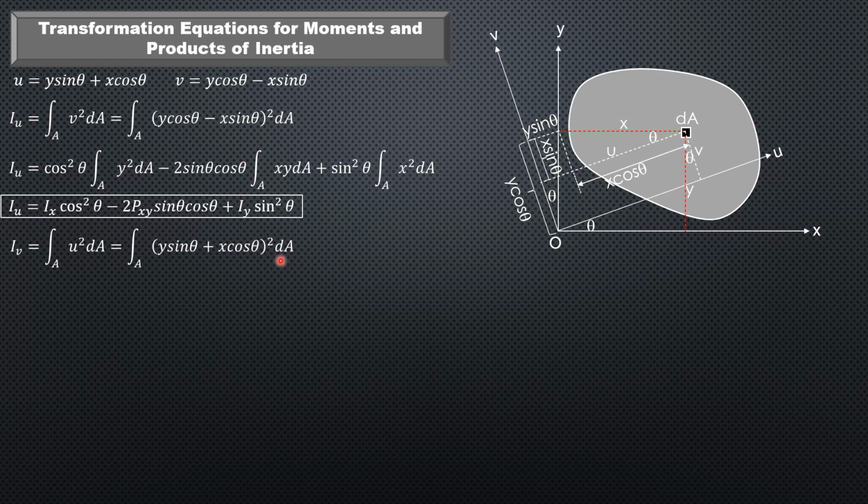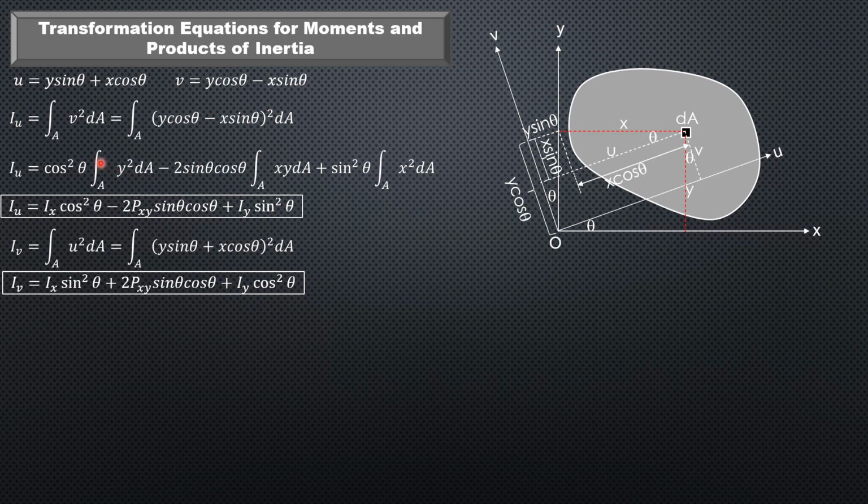So following this pattern, Iv equals Ix sine squared theta, plus 2 Pxy sine theta cosine theta, plus the integral of x squared dA, which is Iy, so Iy cosine squared theta. Iv is Ix sine squared theta plus 2 Pxy sine theta cosine theta plus Iy cosine squared theta.